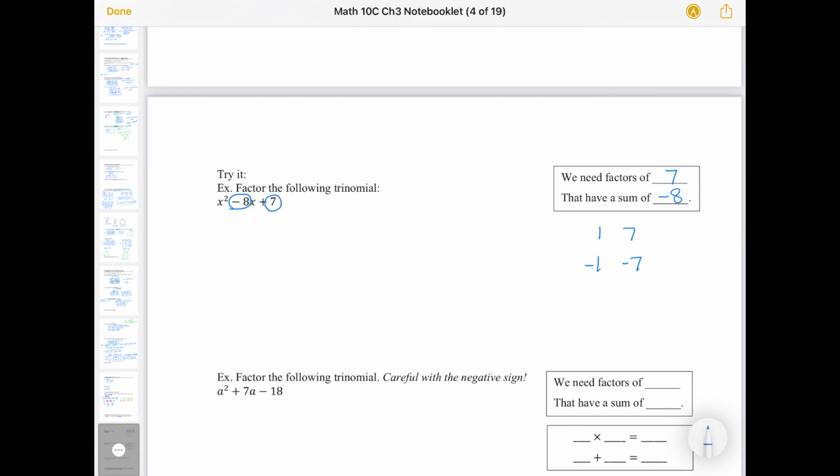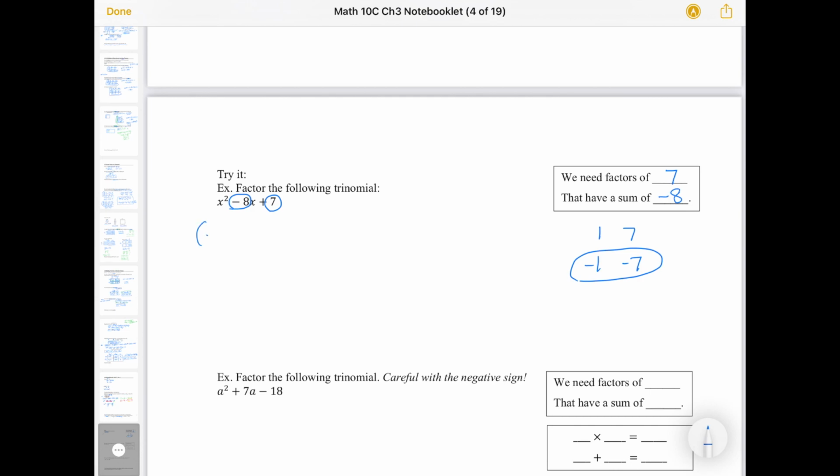And if I need them to add to my -8, I'm going to need to use negative numbers.